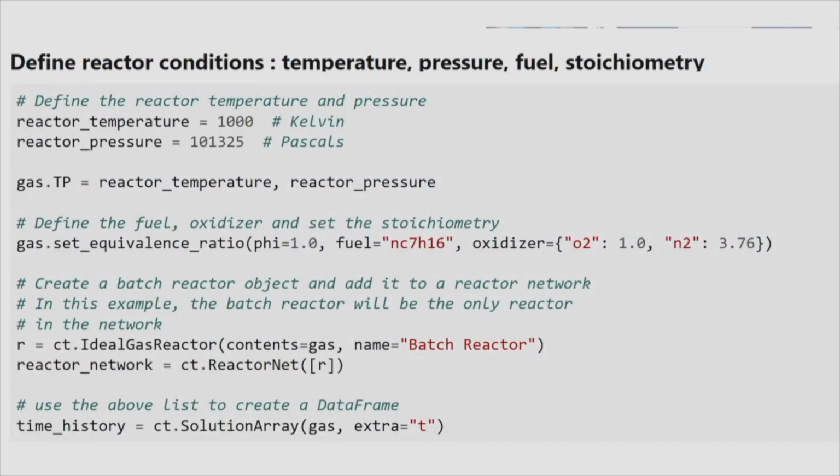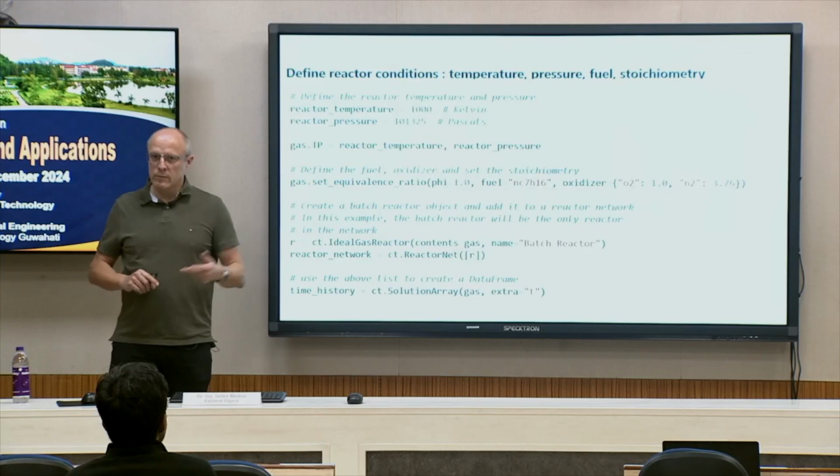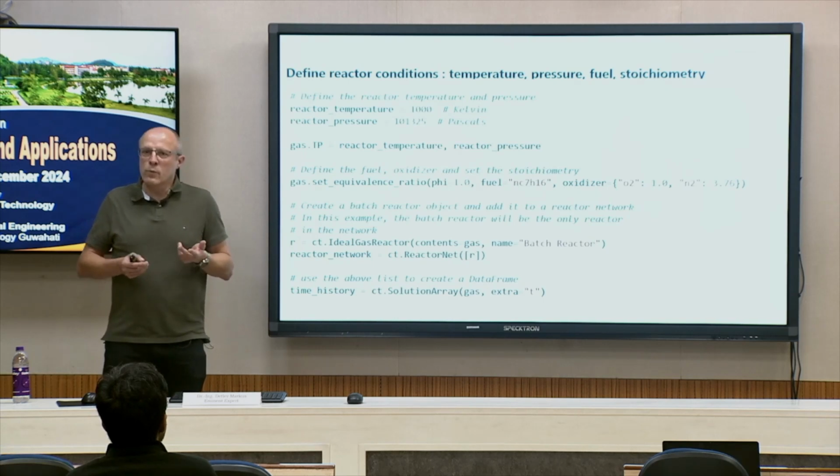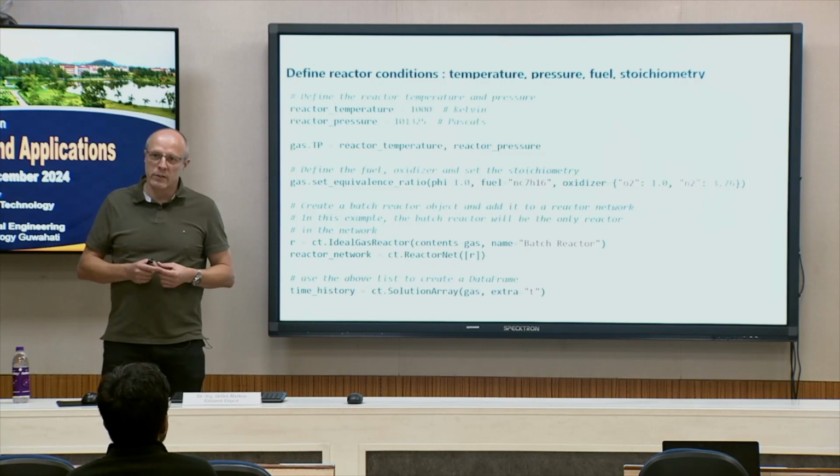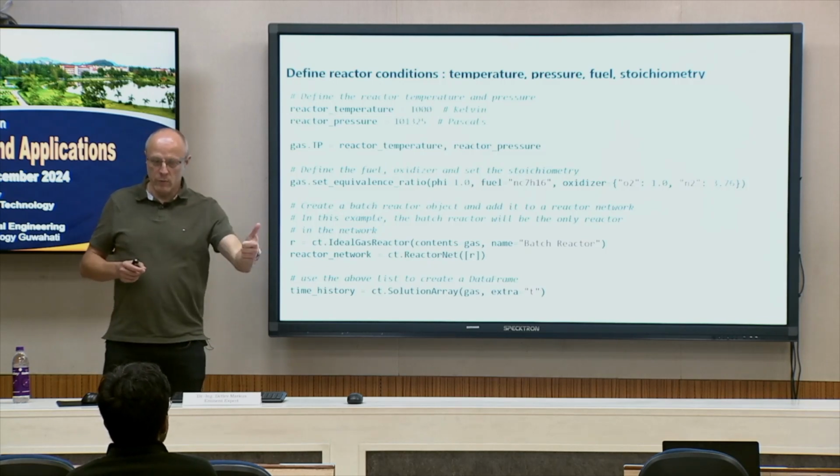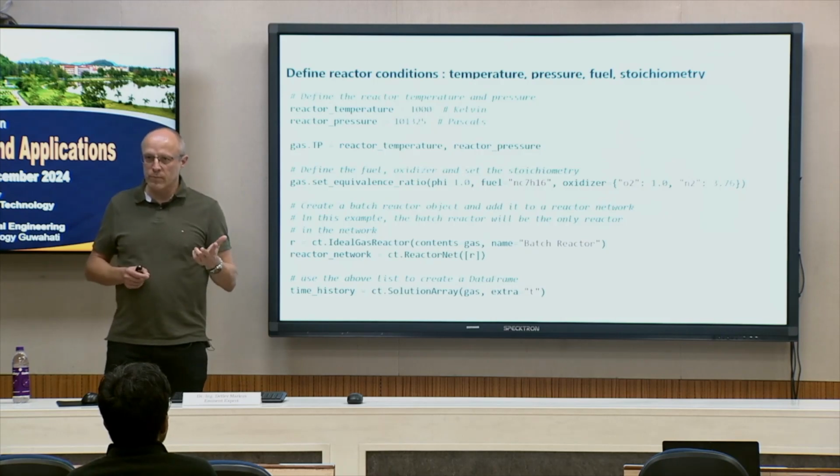So then, okay, we have imported the libraries we need for the calculations. We have our mechanism. Then we need to tell our tool at which initial conditions we want to perform the calculations. That means what is the temperature, what is the pressure, what is the mixture composition.